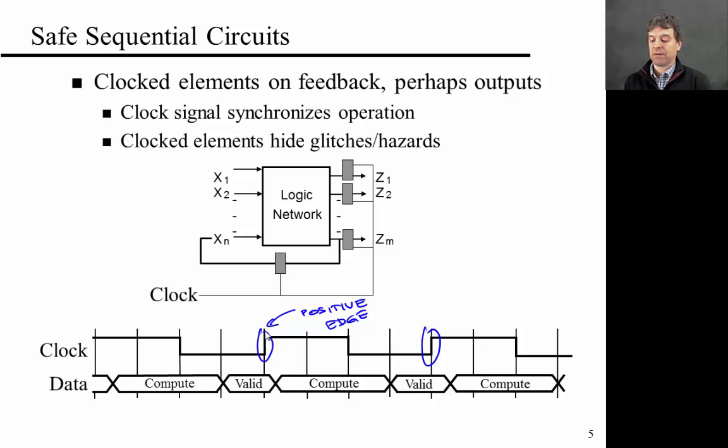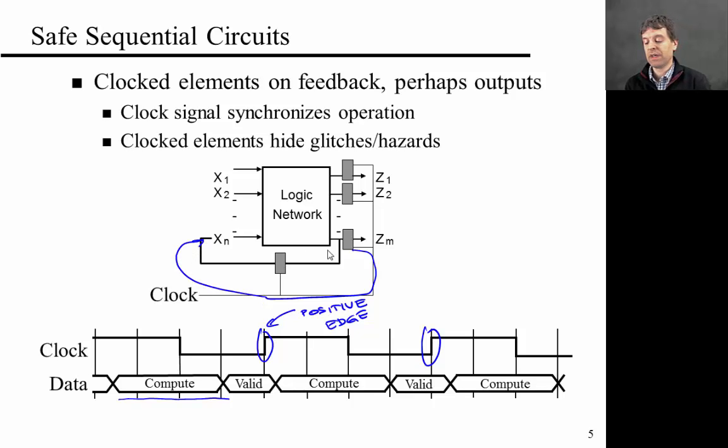I'm only going to look at my outputs and feed them back into the circuit at the edge of the clock. So here, as I start my computation, I let the combinational circuit do its job, and it computes. It may be temporarily incorrect during this computation time, but I don't care, because I'll just wait until I've reached the correct output, the computation is finished, and only at that point, after we've reached the valid value, am I going to take the value on the outputs and feed it back into the system.